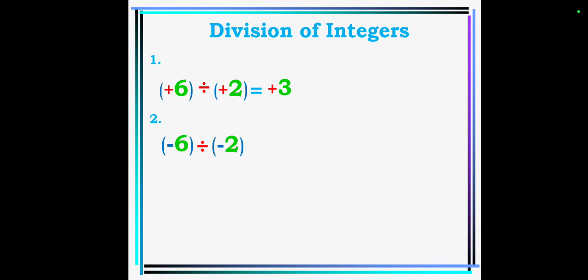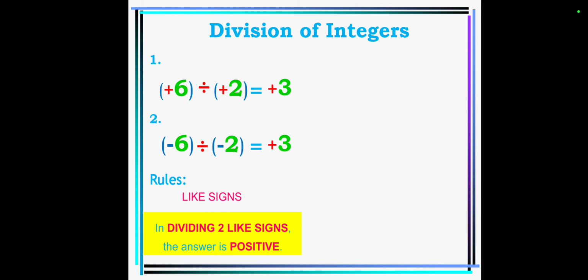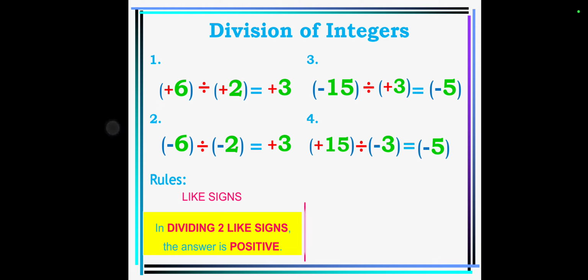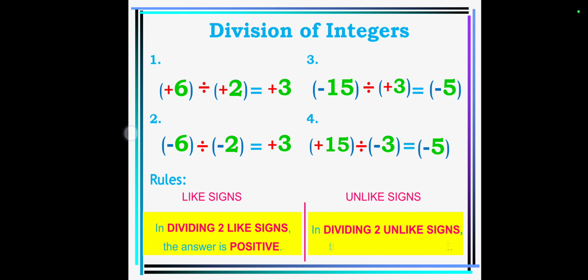This one, we have two like signs still, so it's positive. With the numbers, you just have to divide 6 by 2, and the answer is positive 3. Again, the rule is that if you divide two like signs, the answer is always positive. And if you divide two unlike signs, the answer is negative, as shown in the presentation.